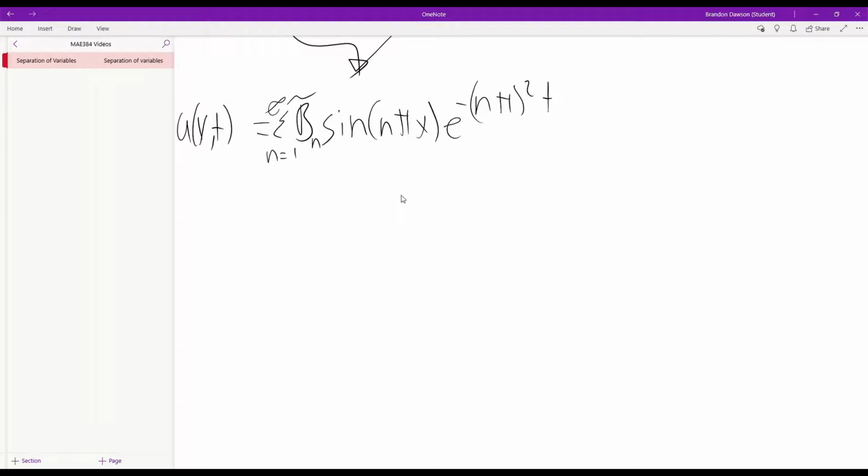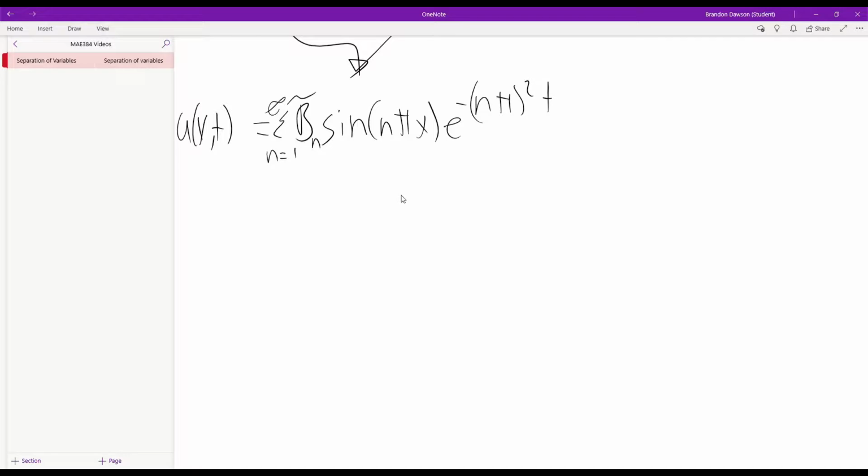You would have a summation of constants times the summation of sines times the summation of e's, where all these n values are separate values. However, in some cases, we know that only one value of n actually affects the overall solution, in which case all the other values would just be 0.